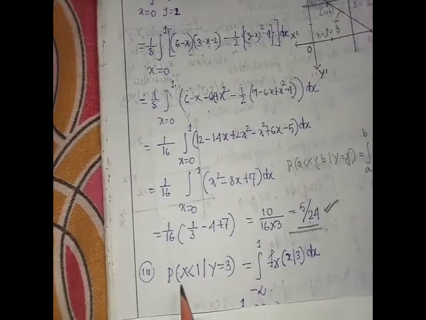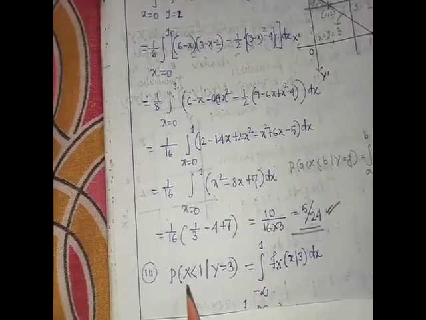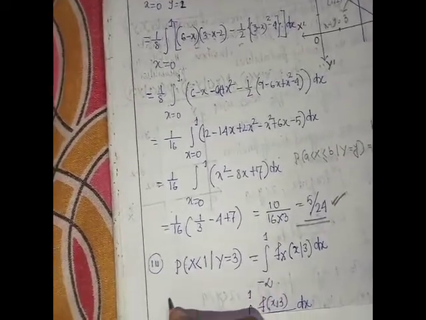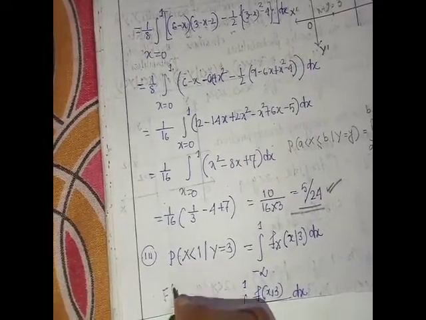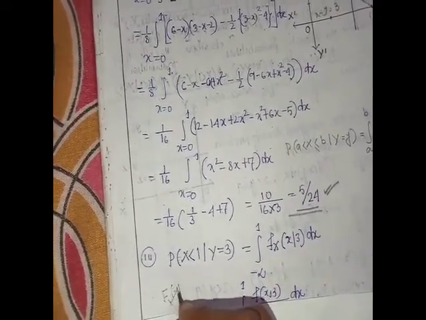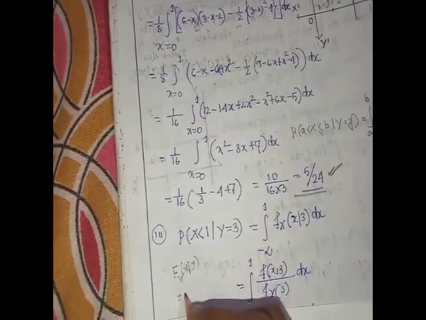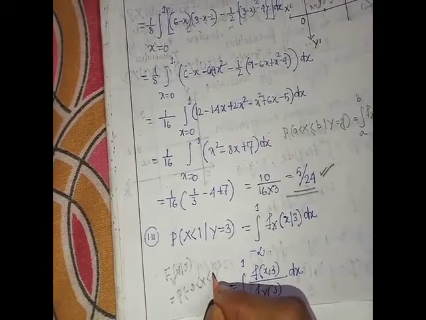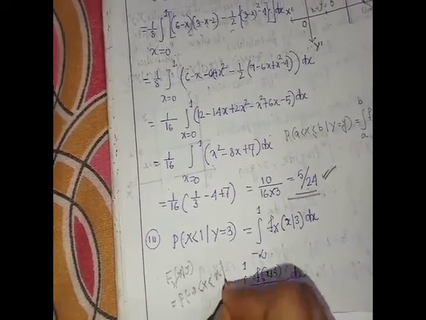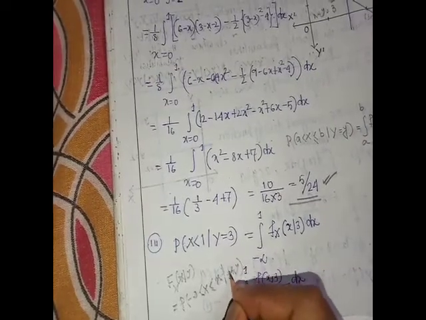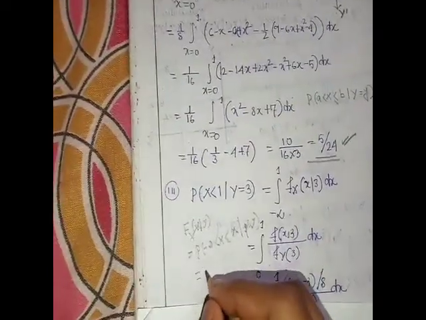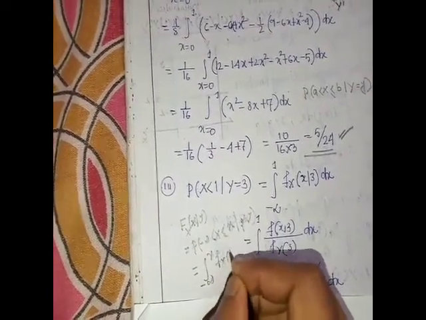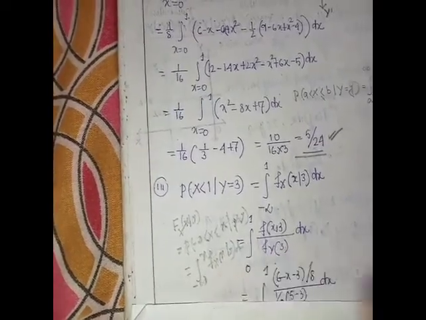The conditional distribution function of x is F of x given y equals the probability of minus infinity less than x given y, which is the integral from minus infinity of f of x given y dx. This is the formula we already discussed.